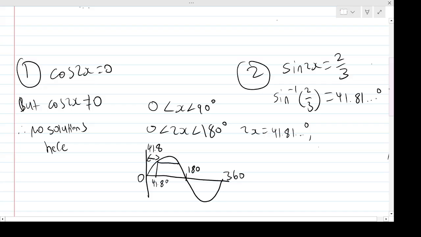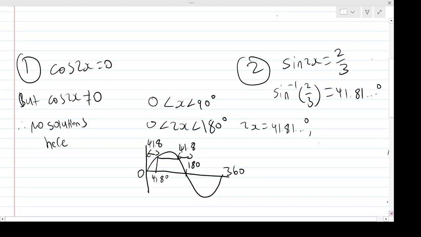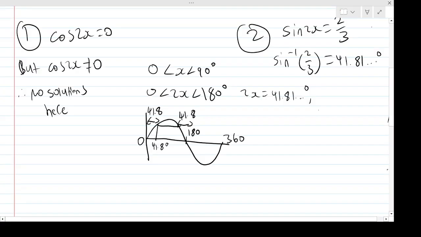So the gap between the second solution and 180 at the other end of the curve will also be 41.8, which means the next solution will be 41.8 away from 180. So we have to take this away from 180. The other solution will be 180 take away 41.81 and so on degrees.